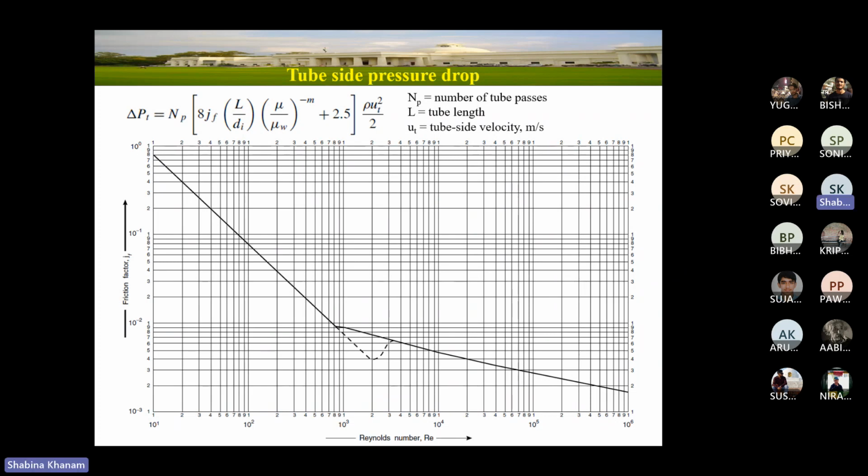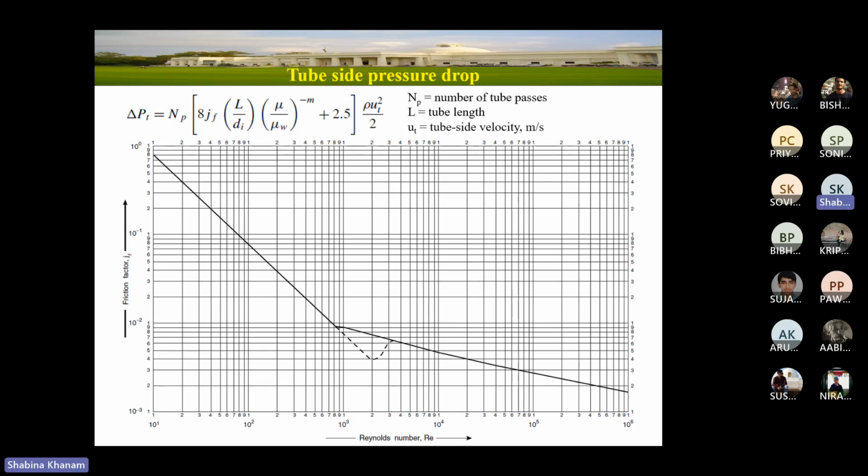I hope you have performed the experiment in the fluid dynamics lab: fluid through elbow, fluid through different diameters. From larger diameter to smaller diameter, that would be contraction. From smaller diameter to larger diameter, that would be expansion. From elbow, from different valves and all, that pressure drop calculation experiment you must have done.